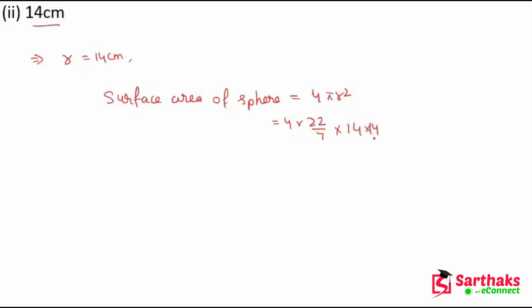This will be cancelled 2 times, so here we get 4 into 22 into 2 into 14. After solving this, the result is 2464 centimeter square. I hope you understand these things. So this is the answer of this question.